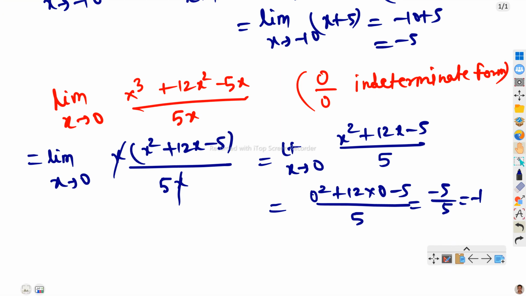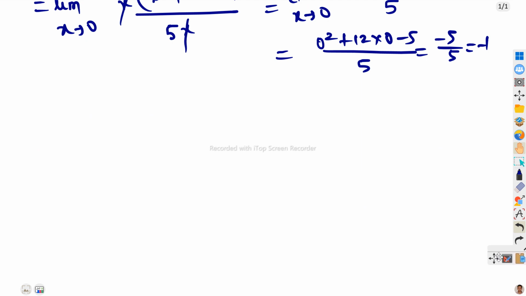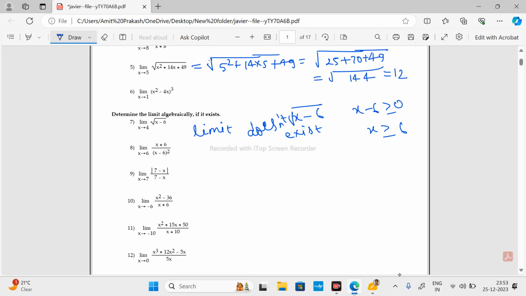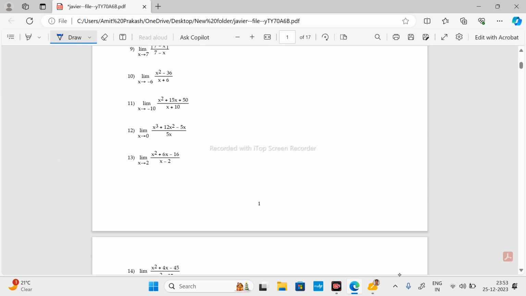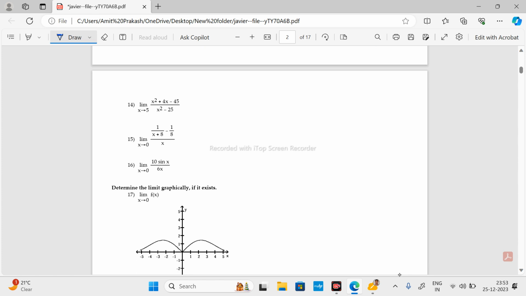Again we are going to find the solution of another problem. Another problem is limit x tends to 5 of x square plus 4x minus 45 upon x square minus 25.